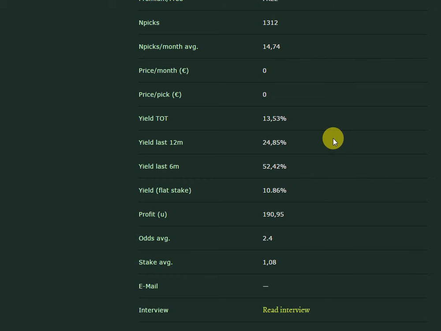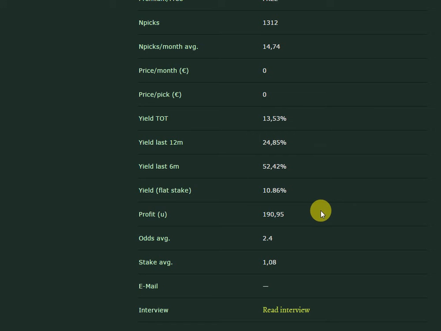In concrete, it is 10.86%, which is significantly lower than this 13.53%, which is an indicator that this tipster is assigning the stake units per pick properly.